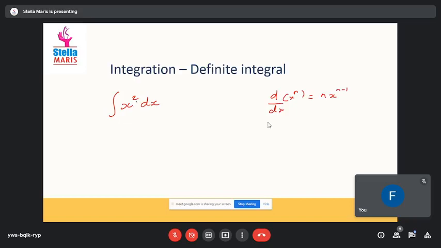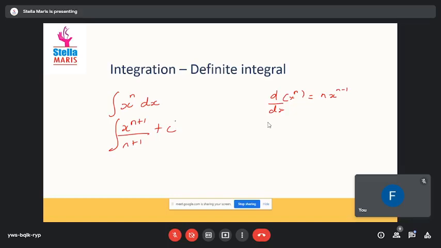But in integration, when I say x power n, what I have to do is x power n plus 1 divided by n plus 1, plus c. So this is what integration is.